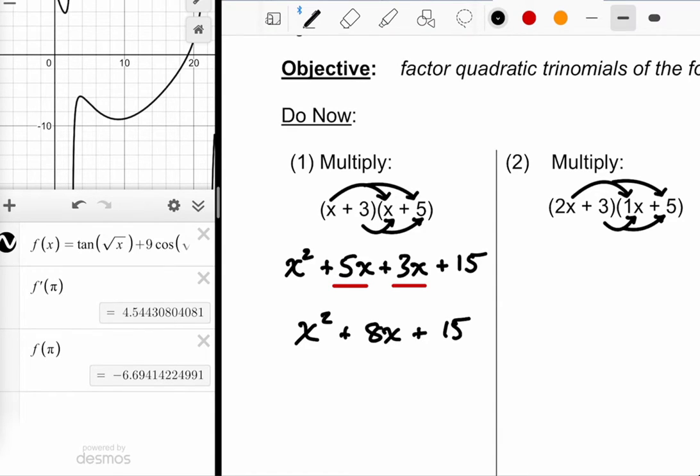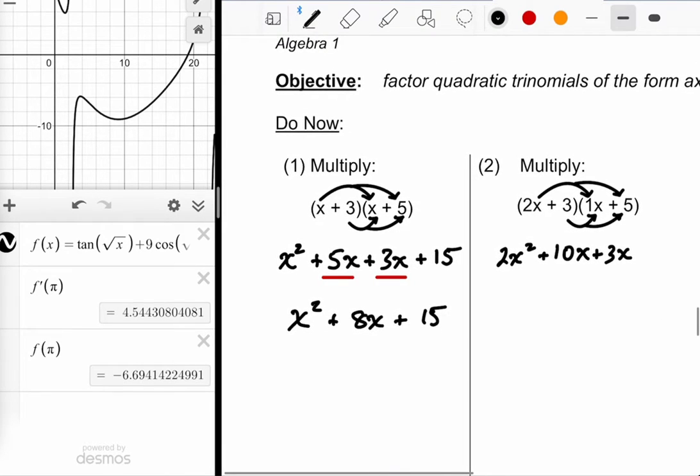Because those two numerical terms within the binomial would have to add to whatever the middle number is in the trinomial. All right, but when you expand out in number 2, we're looking at 2x squared plus 10x plus 3x plus 15.